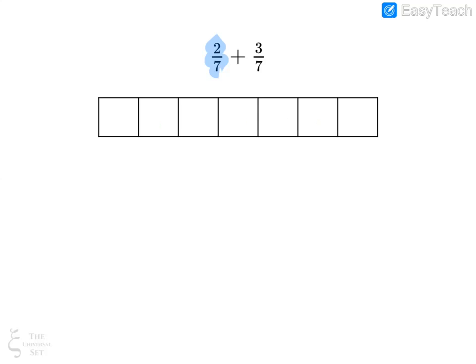So if I wanted to shade in 2/7 of it, it would look like this, I reckon. That's my 2/7 there. And if I wanted to add to that another 3/7, well, that would look like this. 1, 2, 3/7 there.